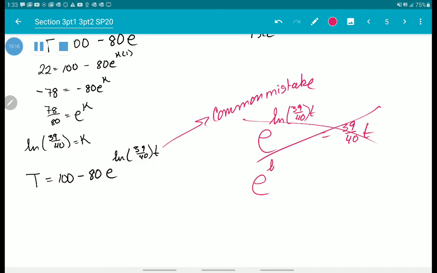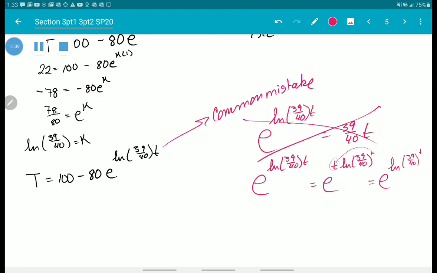E to the ln of 39 over 40 times t is the same thing as e to the t times ln. I'm just changing that order. And this guy's actually an exponent on this. So this is really e to the ln of 39 over 40 raised to the t power.